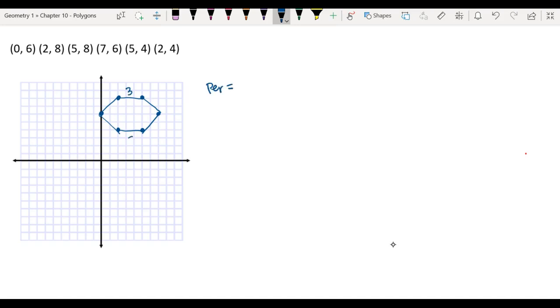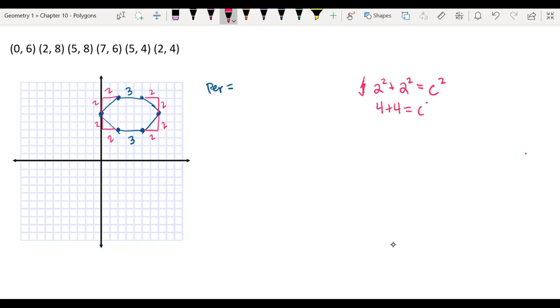We know this is 3 and this is 3. And then if we look at these, we see that this is 2 by 2. All 4 of these are 2 by 2. So we're going to have 4 sides that are 2 by 2 for this perimeter. So we do a squared, which is 2 squared, plus b squared, which is 2 squared, equals c squared.